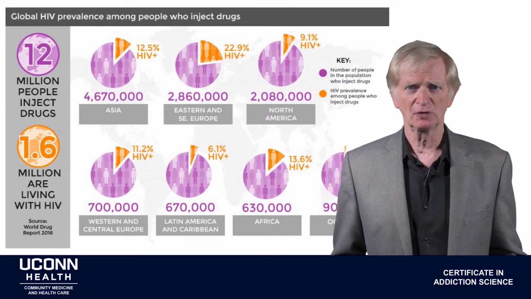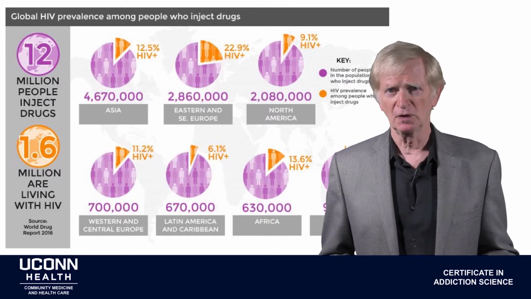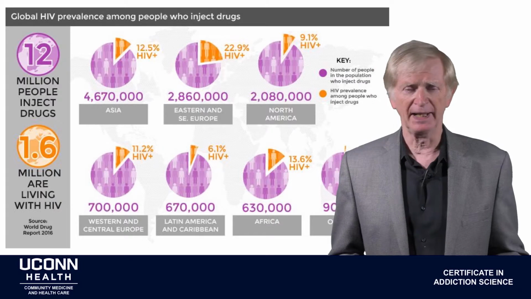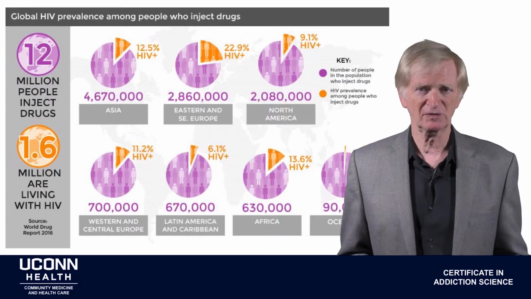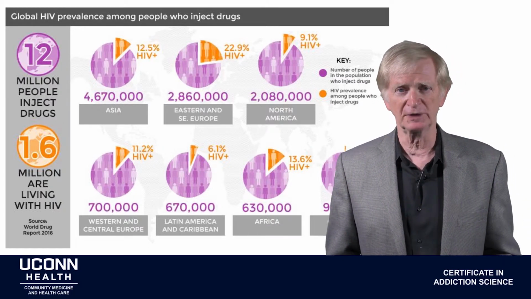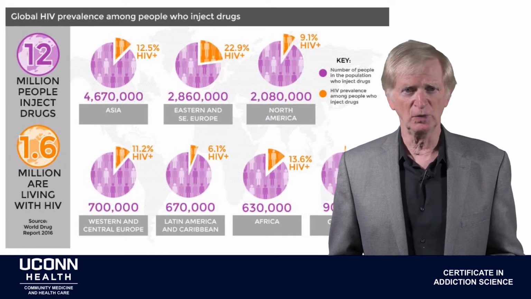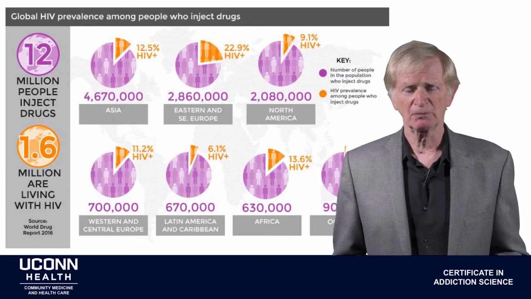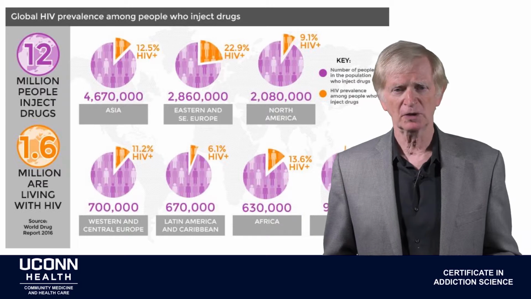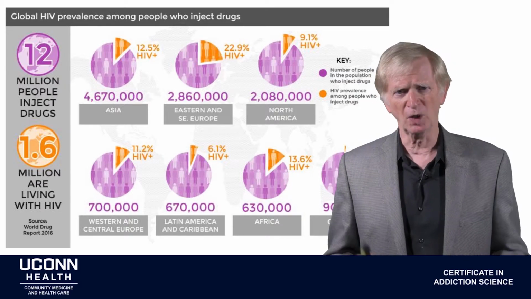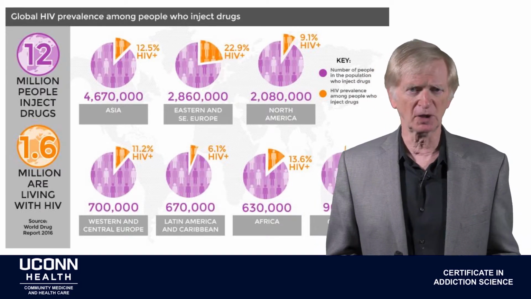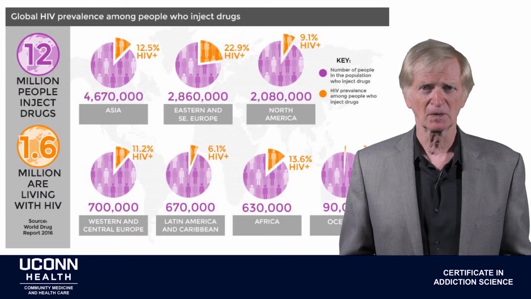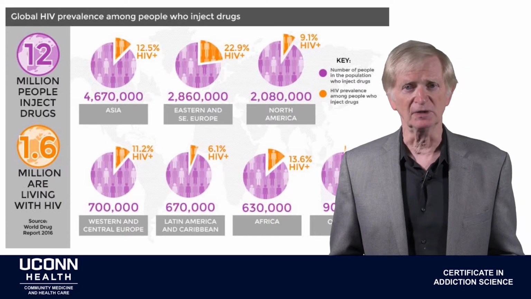That change has been associated with the spread of another epidemic, which is HIV infection. Currently, there are about 12 million people who inject drugs, and among them, a little bit more than 10% are living with HIV infection. But there are big differences among countries in terms of what proportion of the drug-injecting population is infected.